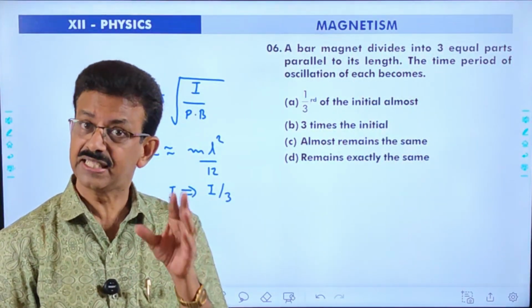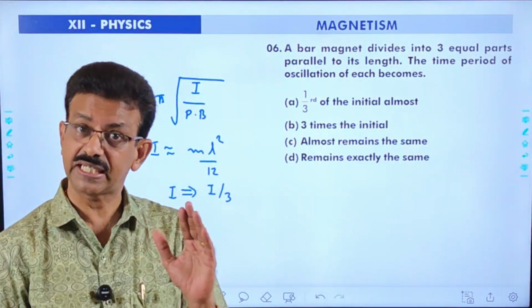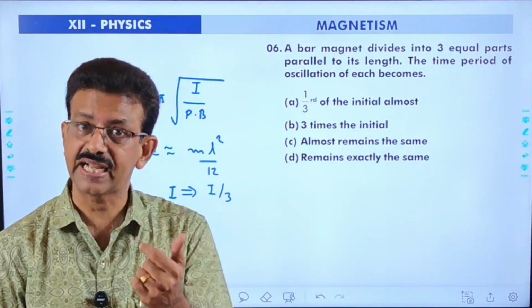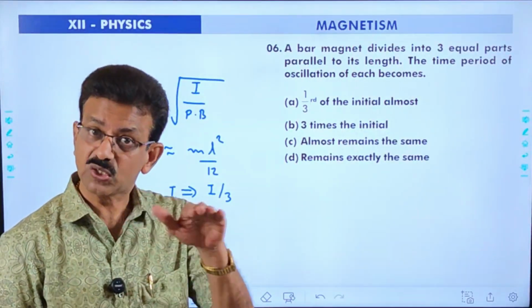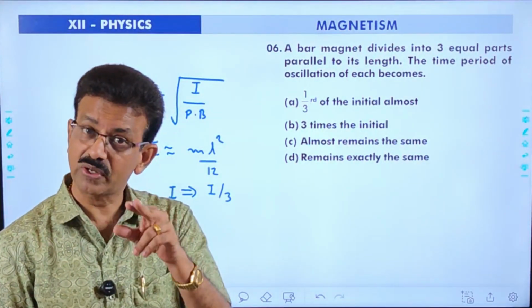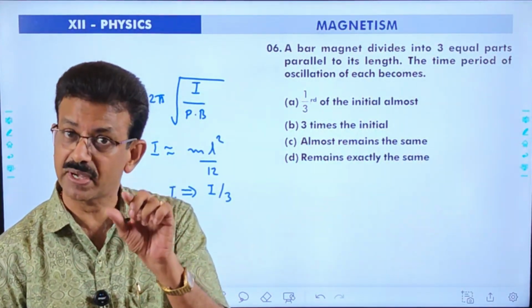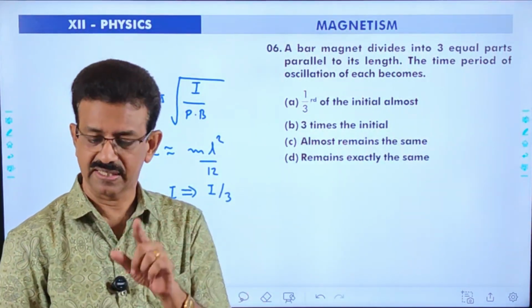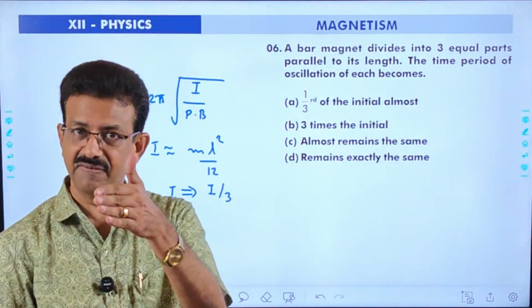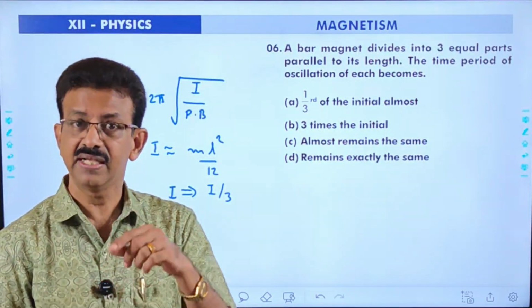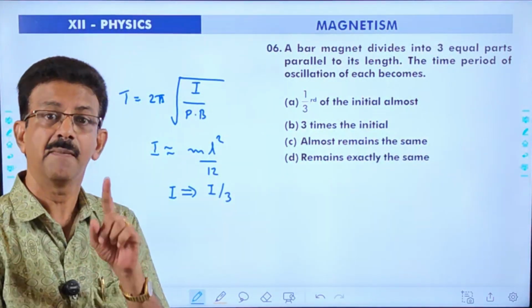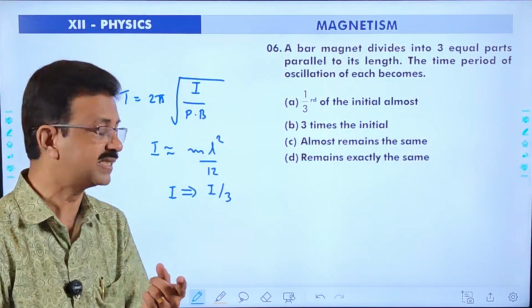And the strength of a pole is always decided by the number of molecular magnets acting at the pole. If the width of a pole is reduced, the number of molecular magnets acting at that pole will be reduced, and hence the pole strength will be reduced. Therefore, here, if it is divided into 3, the pole strength becomes 1/3 of the initial, but length remains unchanged.